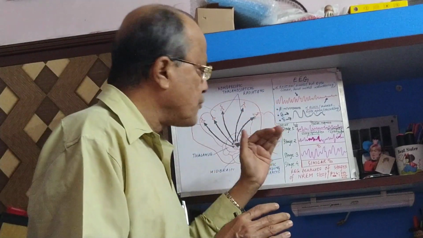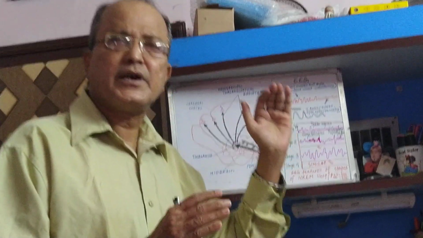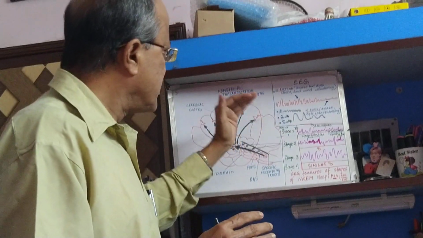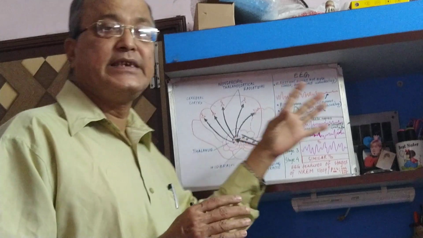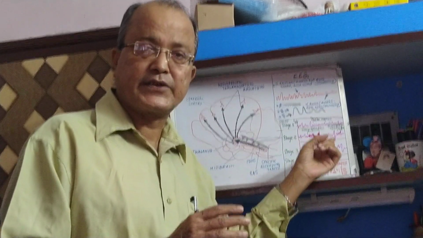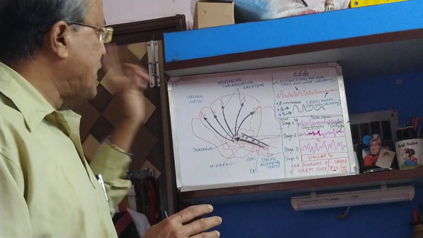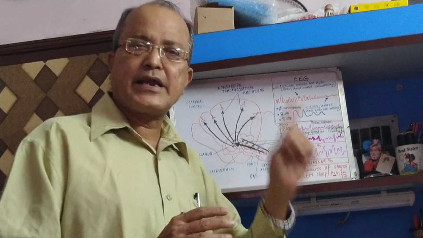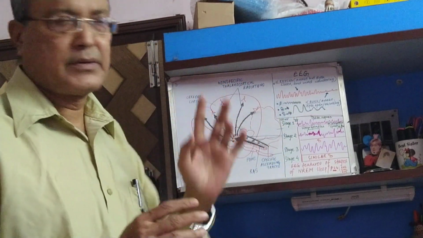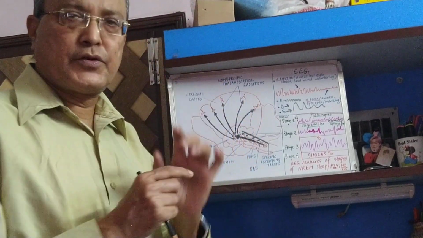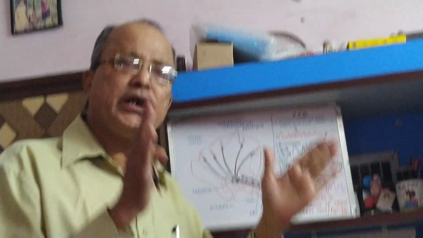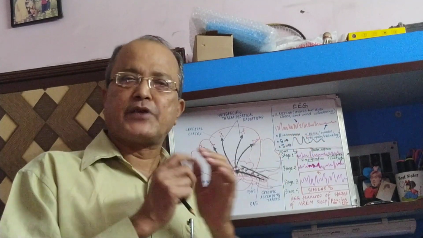It is composed of 4 stages, as I told you, with characteristic EEG changes. I am going to these changes later on. That is about the non-rapid eye movement sleep, which constitutes the initial big portion of the sleep cycle.